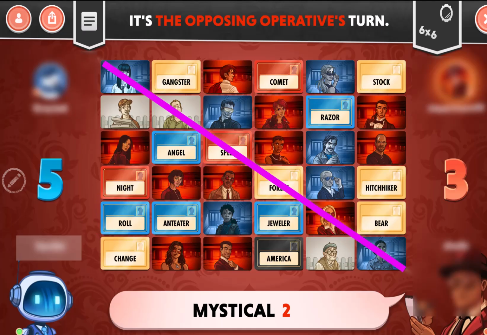We have now identified 3 squares that at the very start of your next turn, you can just click on without having to think at all. You've already done the analysis. We know that angel, roll, and jeweler all 3 have to be blue just because they match their blue partner on the other side of the diagonal.